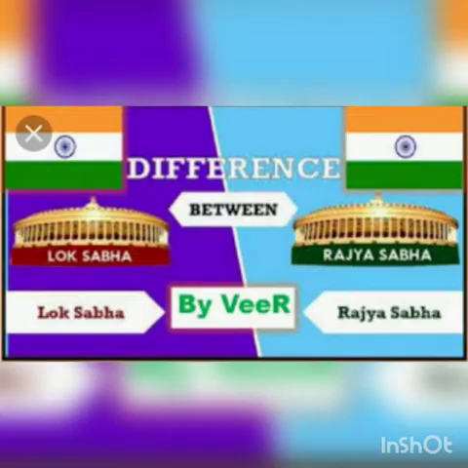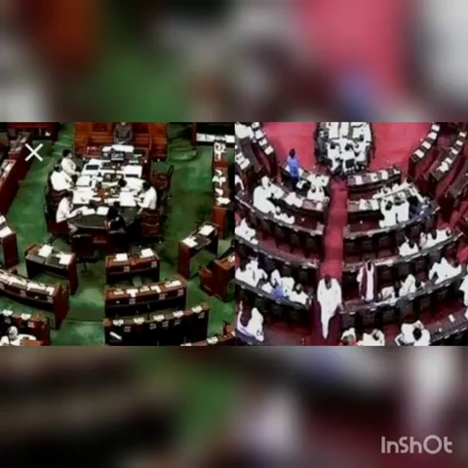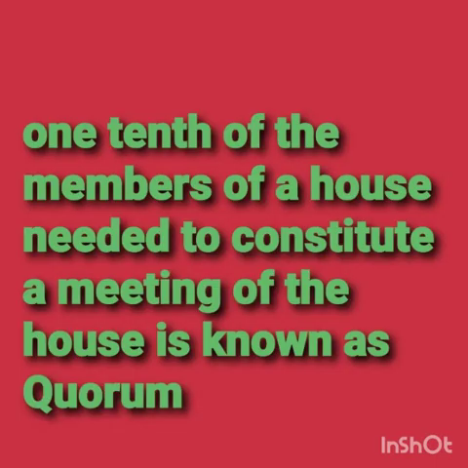In other words, we can also call it the law-making procedure. In order to make a law, the House has to sit together. A specific number of members of the House are needed to have a meeting of the House. Now, this specific number means 1/10 of the total members of the House.